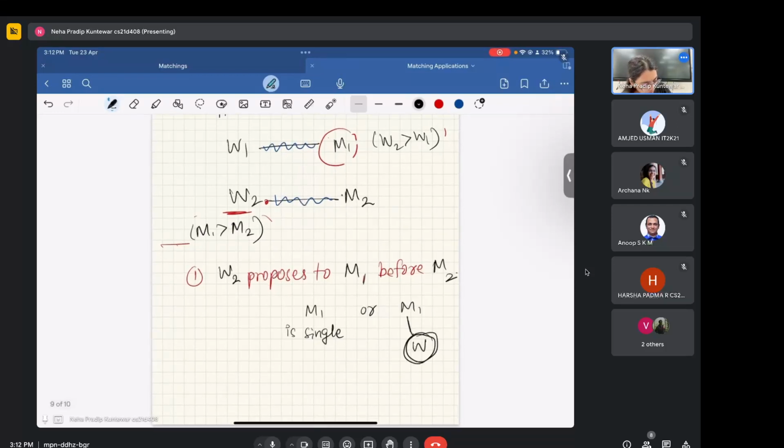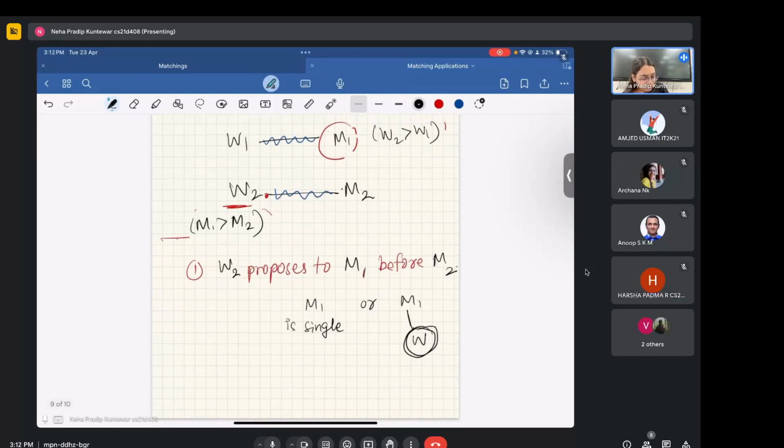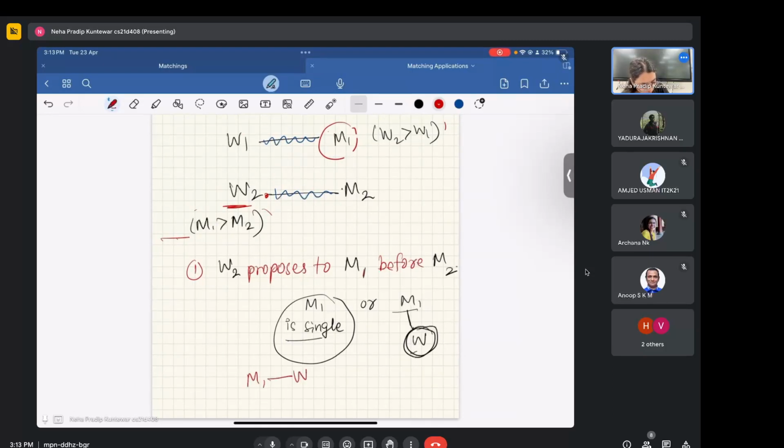So there are two possibilities. Either M1 is single, or M1 is already engaged to some W. If M1 is single, what will happen? He will accept the proposal. So in that case, M1 gets engaged to W2.